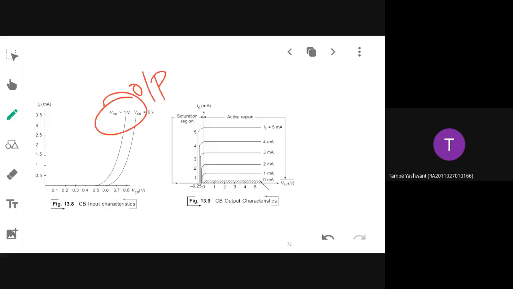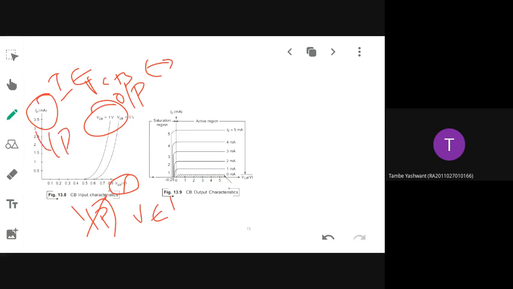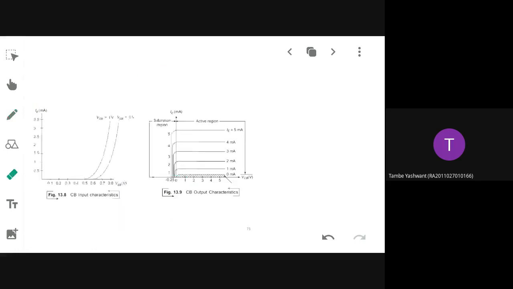VCB is kept constant and you are going to vary the input side variable, so you are varying VEB and observing the IE value and drawing a graph. This is an input side characteristic because the emitter is your input. And the family of curves will shift towards the left with increment in VCB.